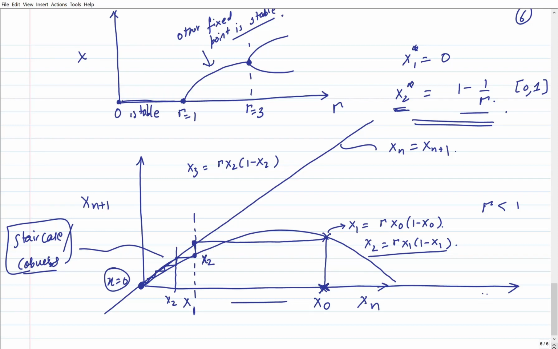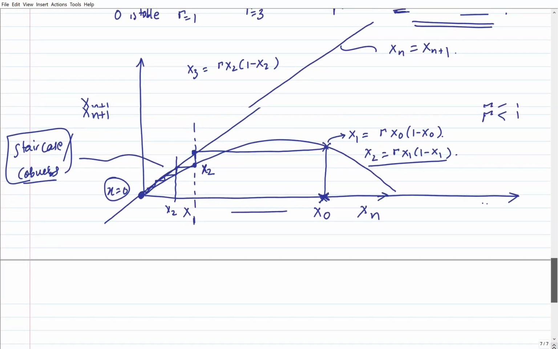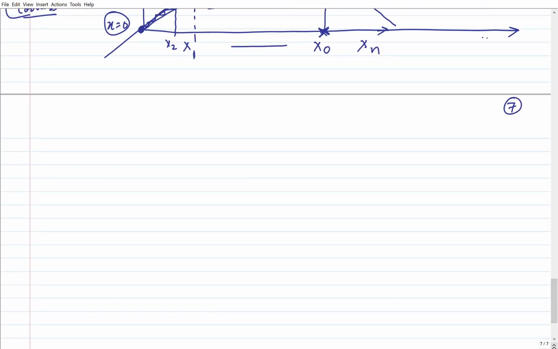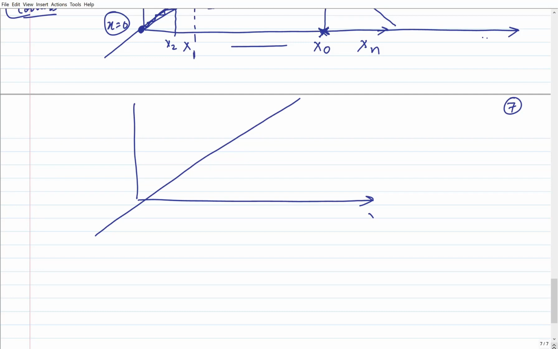So we can try another example of the staircase. It doesn't really matter. Let's say pick up another guy. This is xn, this is xn plus 1, this is y equals x.